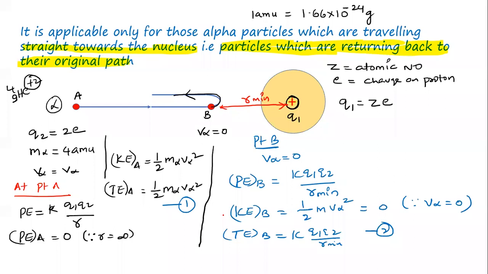From equation 1 and equation 2, we can find the formula to calculate the distance of closest approach.